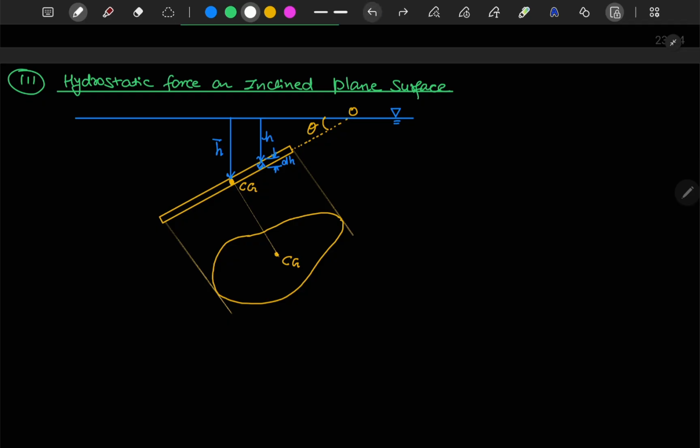From this point O, if we measure along the plate, let's say y bar is the depth of CG along the plate.